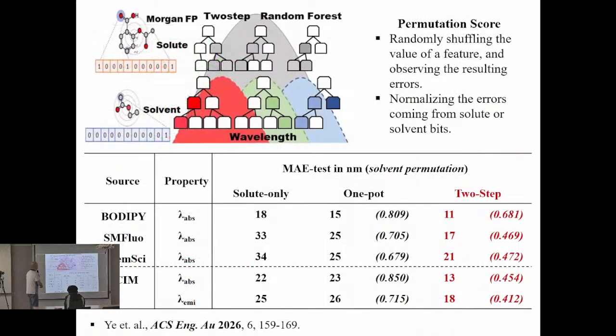So we want to do this in two stages. The idea is very simple. In the first stage, we do random forest with just the solute, because we know the solute distribution is good. But doing random forest to predict the experimental measurement from the solute should contain an error because of the solvation effect, right?